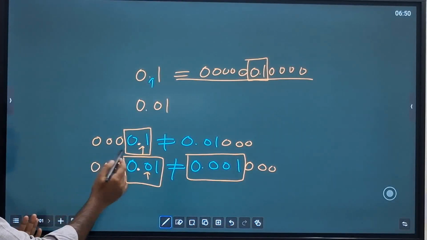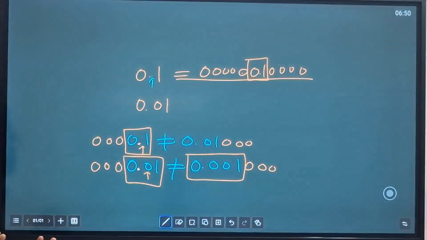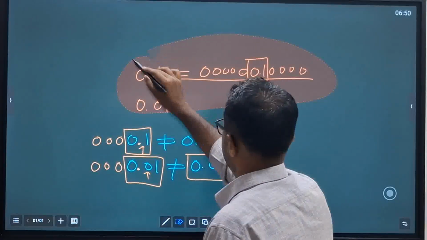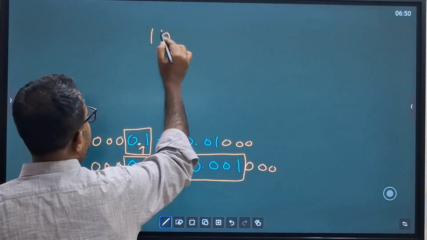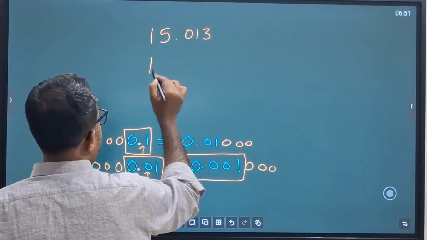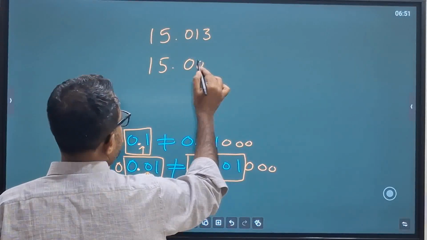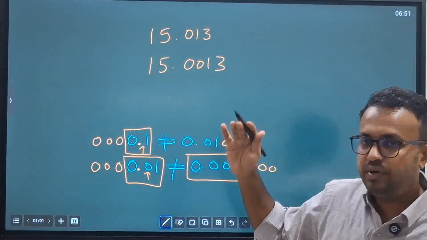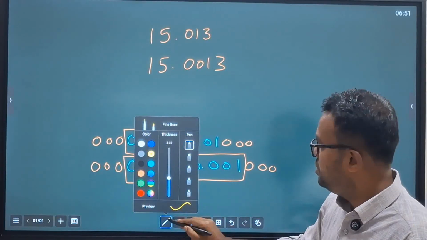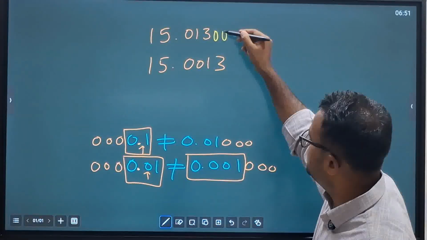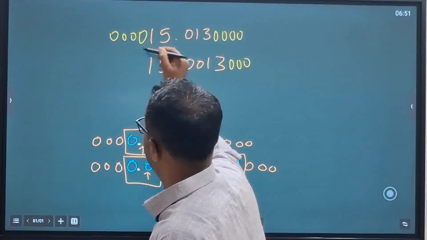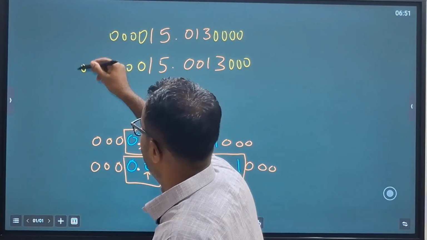Let me write a few more examples. 15.013 and 15.0013 are different. But if you want, you can add extra zeros after the 3. It doesn't matter.